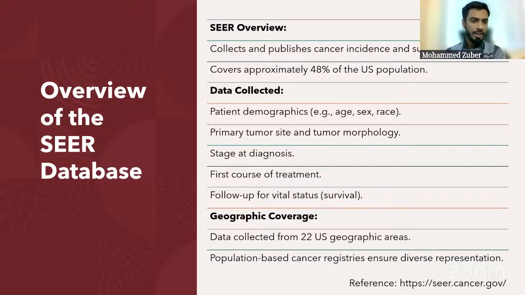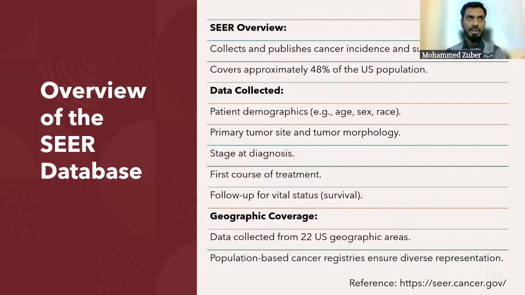It also has variables related to stage at diagnosis, and there are multiple ways of staging, for example AJCC staging and TNM staging. So you can always use the one that fits your research question and answers it. It also has the first course of treatment, but there is a limitation.